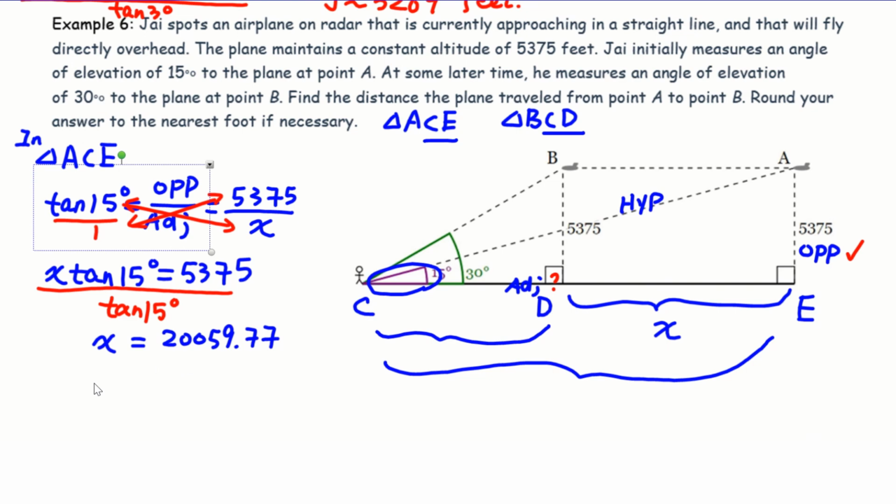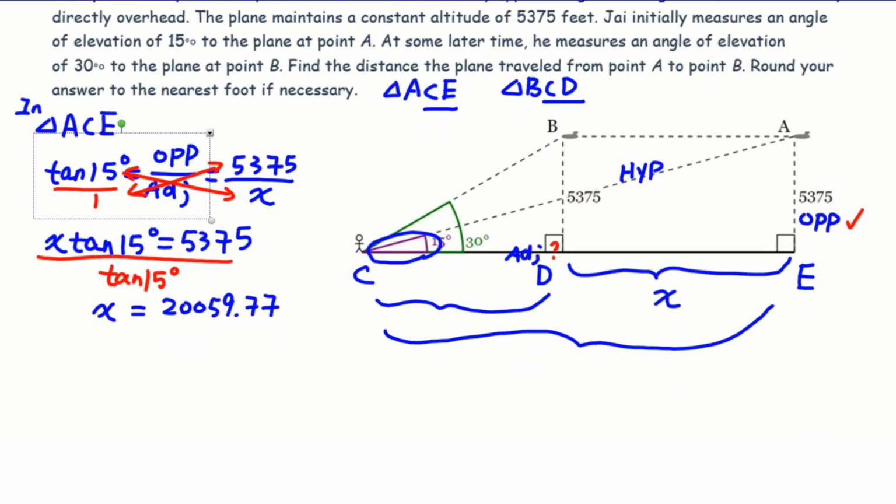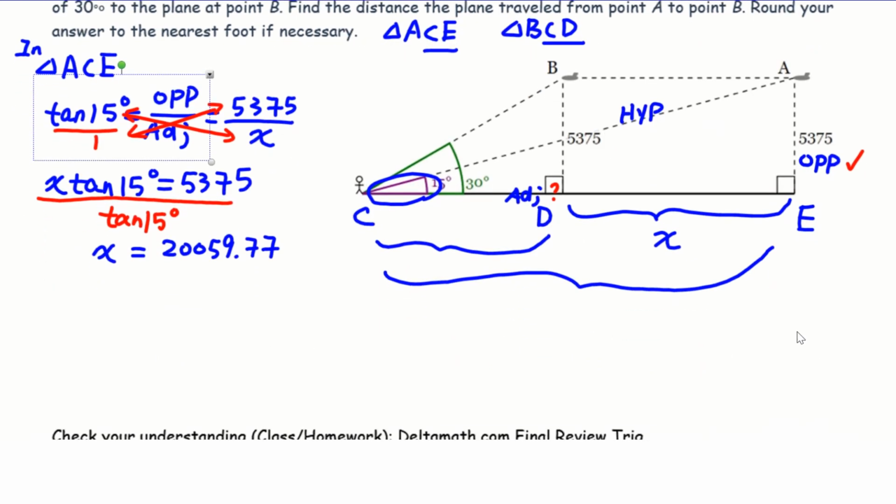And after that, in another triangle, we are going to do the same thing. So another triangle, this one is BCD, and 30 degrees here. So this is 5375.